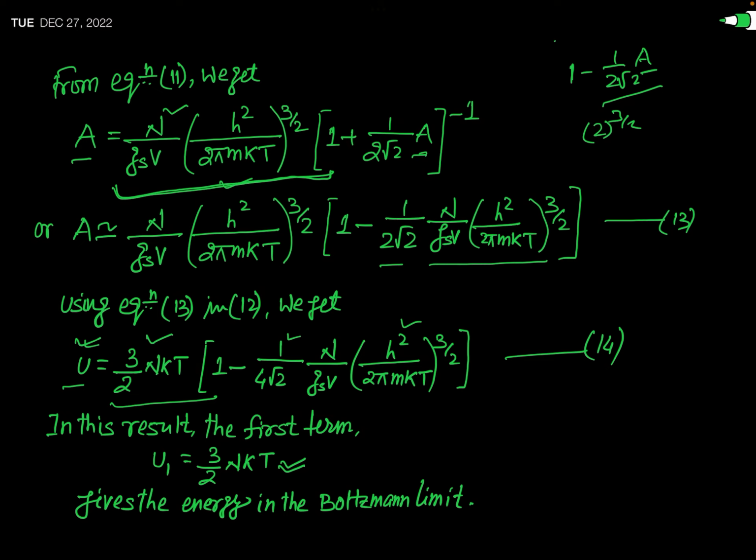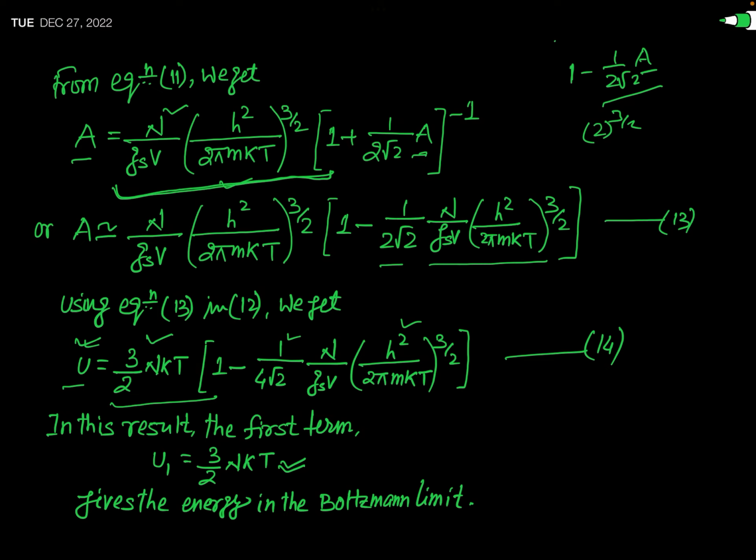So in this condition, the second term will represent the deviation, the difference of the energy of the Bose gas from the classical gas. So the second term will be 3 nkt into minus this much.